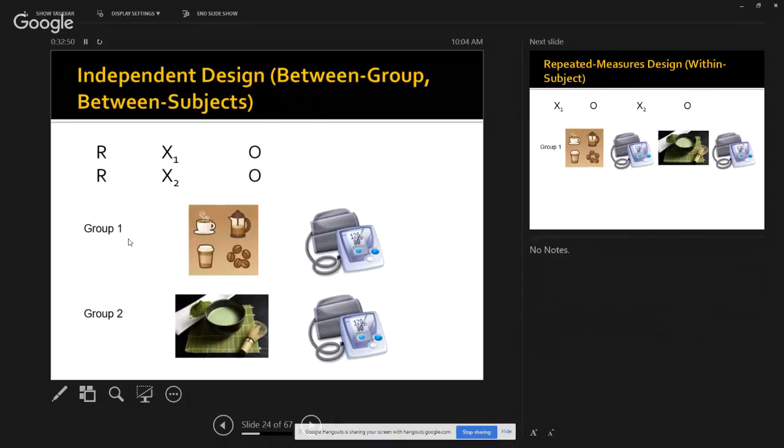So here's my first example. We have an independent design between groups. I've randomly assigned them to two different experimental conditions. So group one is drinking coffee, a drink of the gods, and group two is tea, which is also a good drink, only if you can't find coffee, in my opinion.